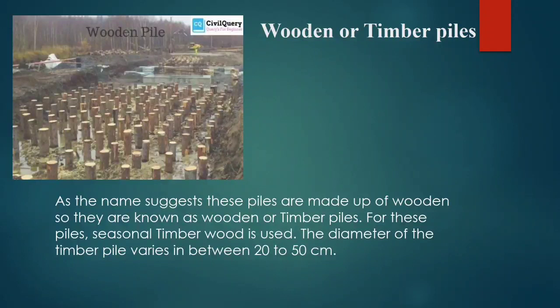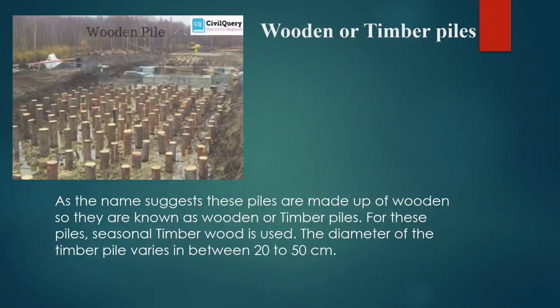Wooden or timber piles. As the name suggests, these piles are made up of wood, so they are known as wooden or timber piles. For these piles, seasoned timber wood is used. The diameter of the timber pile varies between 20 to 50 cm.